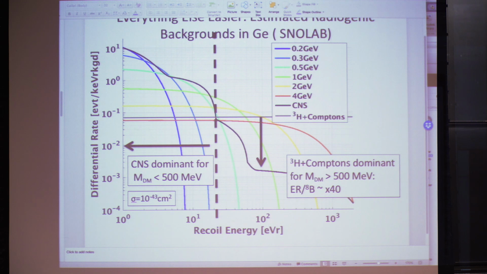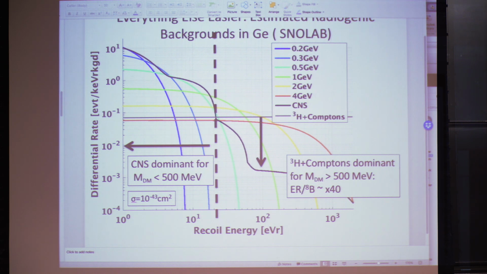So that means to do the ultimate experiment in this range from 100 MeV to 6 GeV dark matter, if you use germanium, one just needs something like a factor of 40 electron recoil, nuclear recoil discrimination. And in colors, by the way, these are just the spectra for various WIMP masses, 0.2 through 4 GeV. And you can see where this crossover occurs.